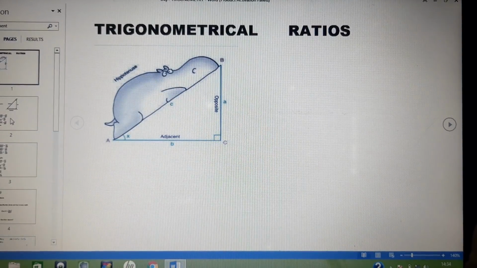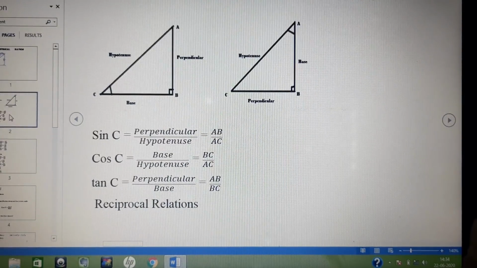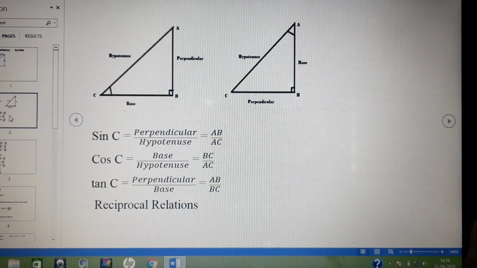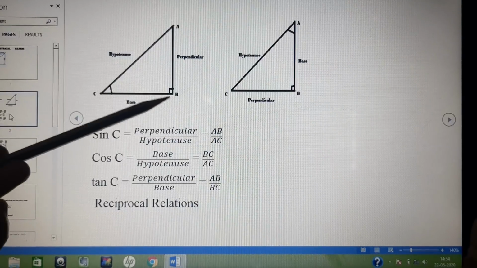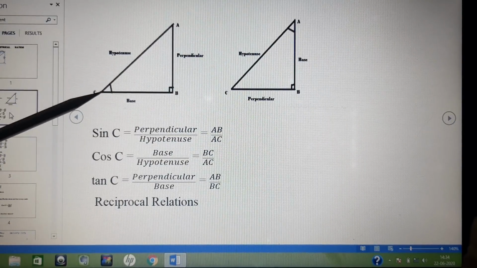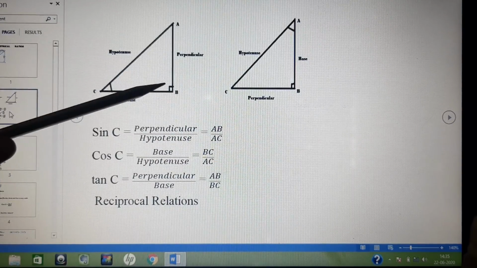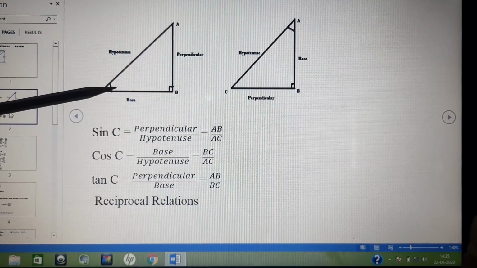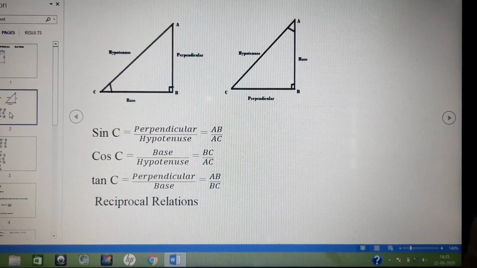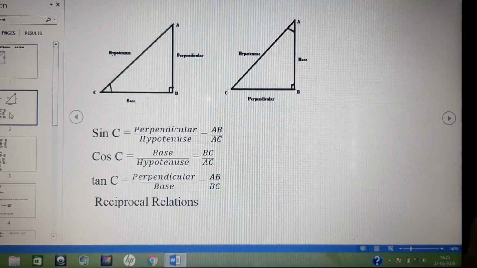Okay, so if we see the first triangle ABC, B is 90 degree and I have taken acute angle C. Opposite to 90 degree will be the hypotenuse, and the line segment opposite to the acute angle taken will be treated as perpendicular, and the third remaining side becomes the base.